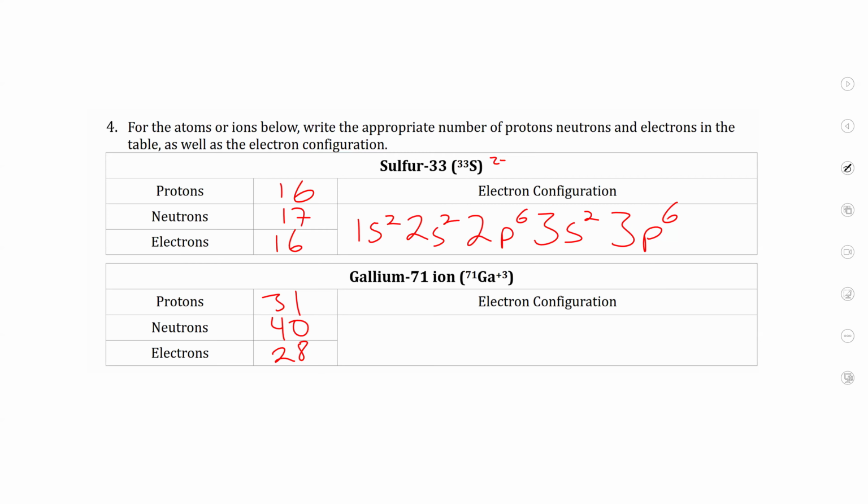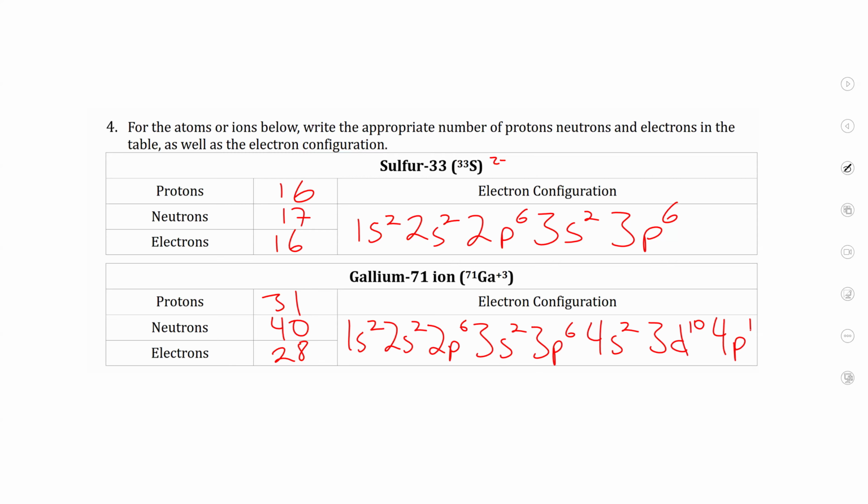I'm going to write it out by hand. 1s2, 2s2, 2p6, 3s2, 3p6. That gets us to argon. 4s2, 3d10, 4p1.